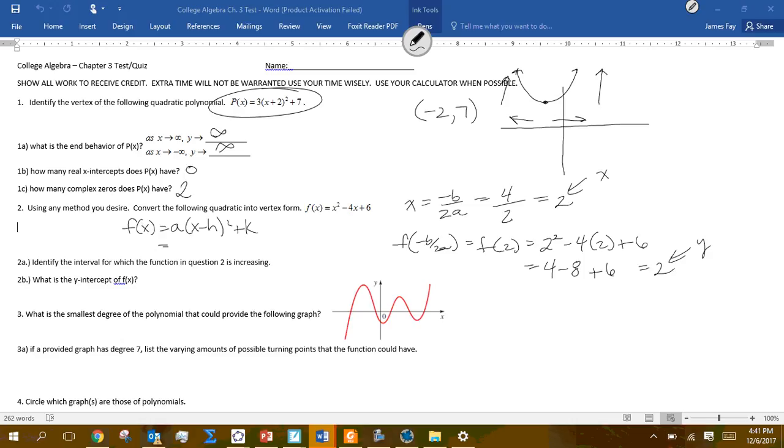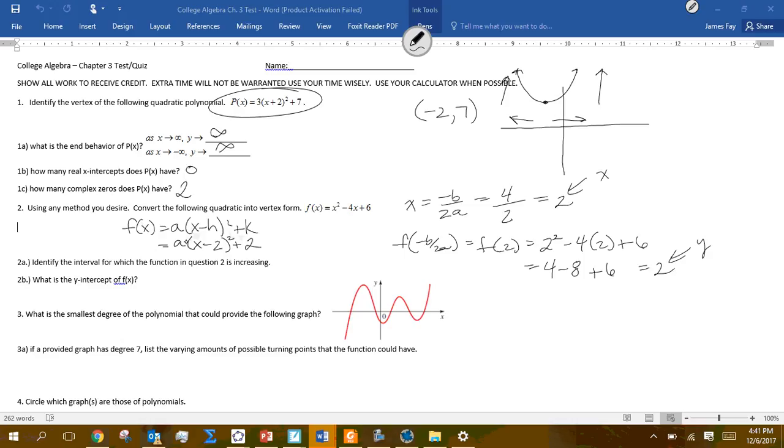So we have some a quantity, and we'll get to that in a moment, but some a, x minus h, well, that's this value there, so minus 2, squared, plus then the k value, which is the y for your vertex, and that is then the function that we're looking for.